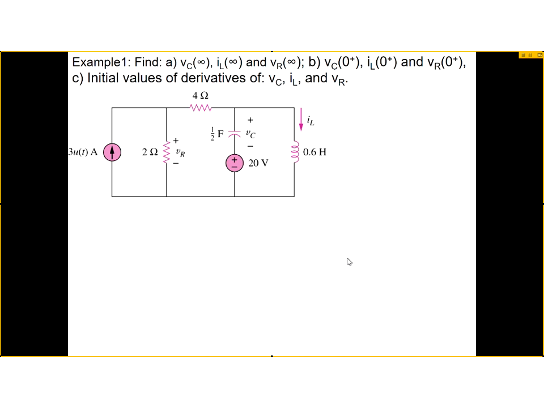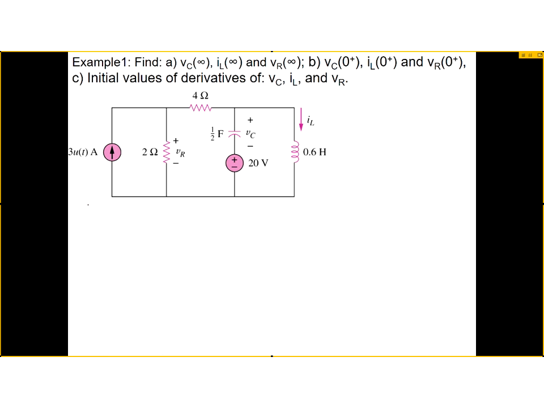We're asked to find the steady state value for the voltage of the capacitor, the current in the inductor, and the voltage across the 2 ohm resistor in the circuit for the first part. The second part will be initial values for those variables, and the third part will be initial values for the derivatives of those values. Part 1 of this problem shouldn't be very difficult because you did a lot of this already in chapter 6 and even chapter 7.